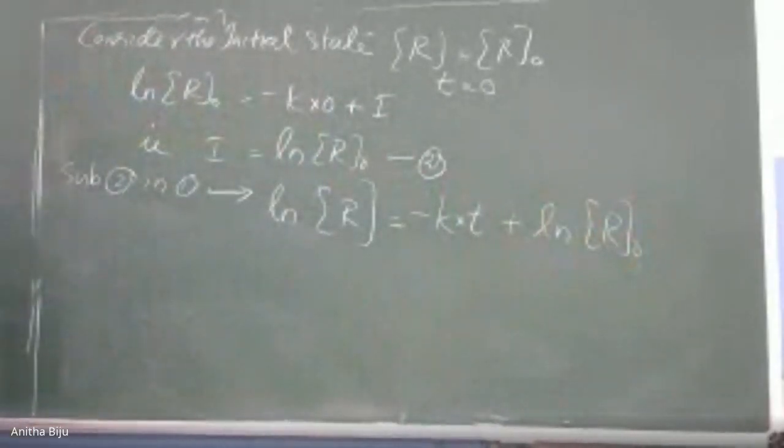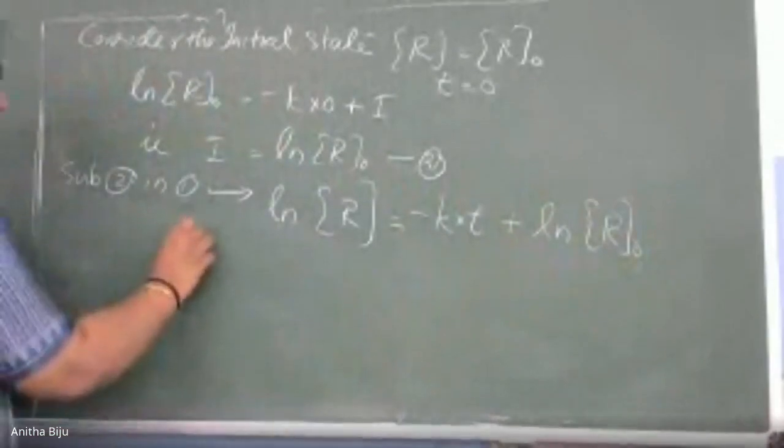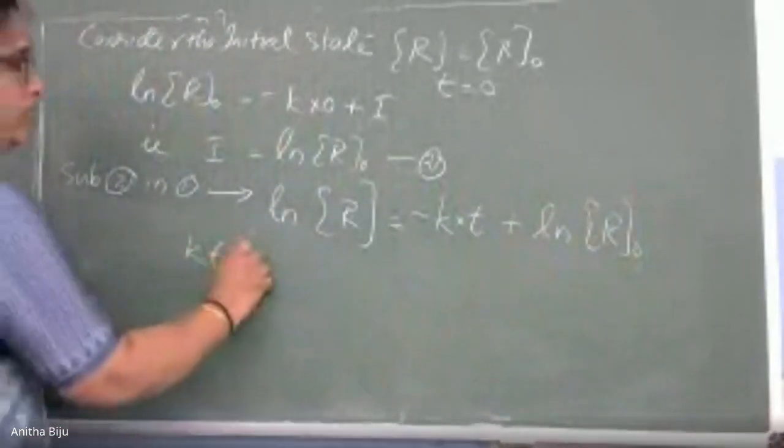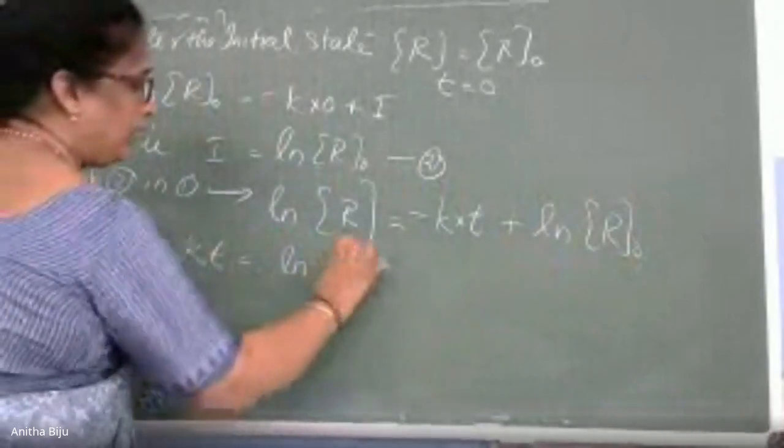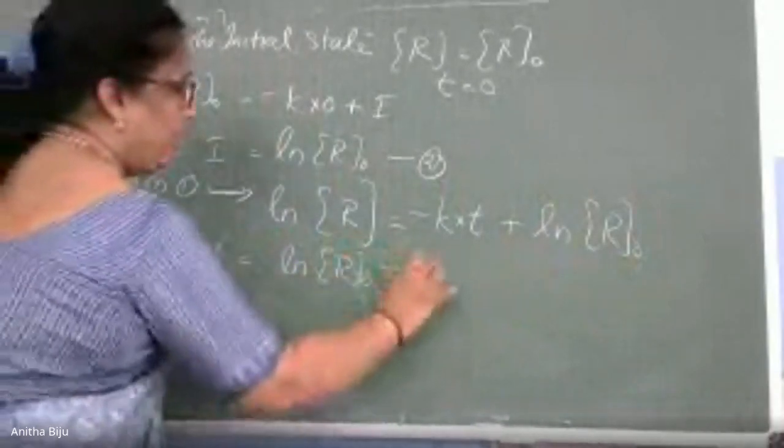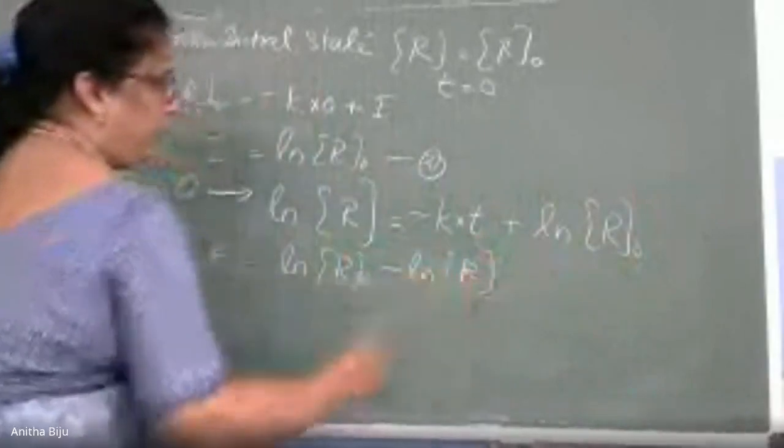Done. And here we can write kt is equal to ln r naught minus ln r.